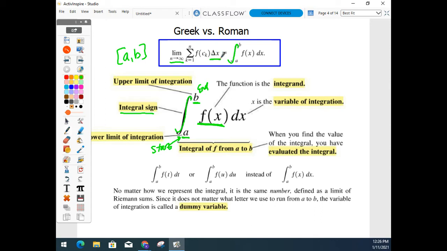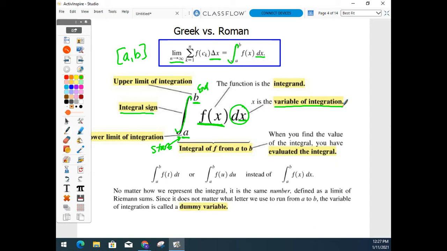Notice the delta x, the change in x, we literally just change from the Greek delta to the English d, dx. And think about differentials when we moved our dx to the other side. That's really another connection there. And this is showing you the variable that we're integrating with respect to.